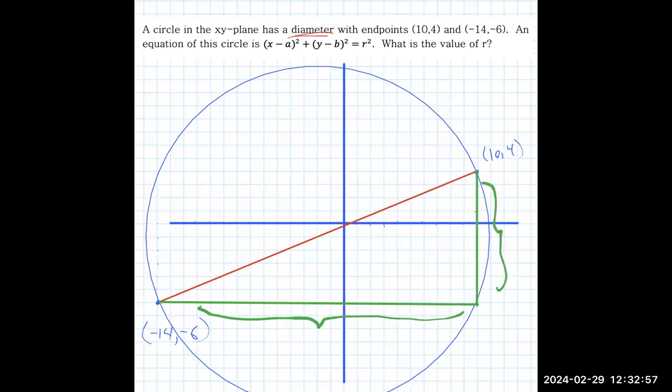Now, the horizontal component is going from an x value of -14 to an x value of 10. In other words, it went by a distance of 24. That would be 10 minus -14. And the vertical component, that's going from a height of -6 to a height of +4.